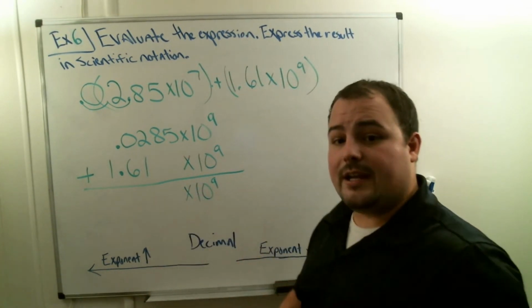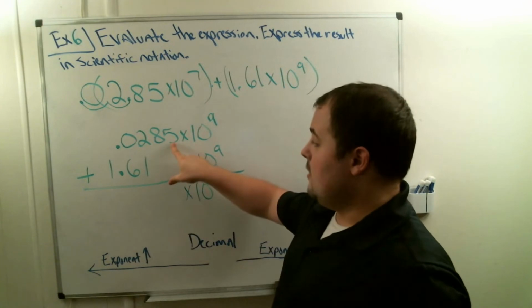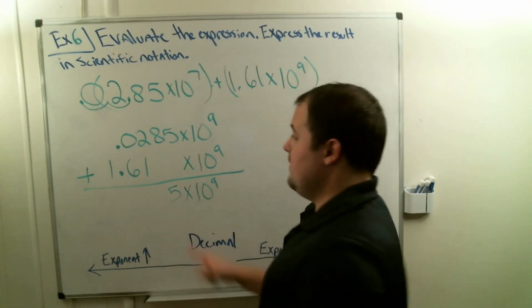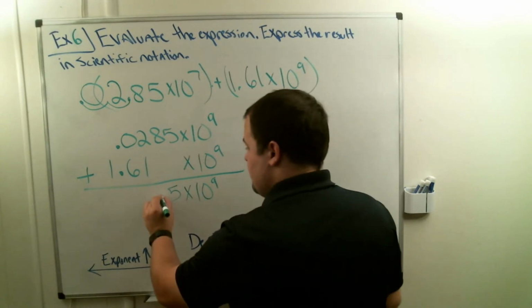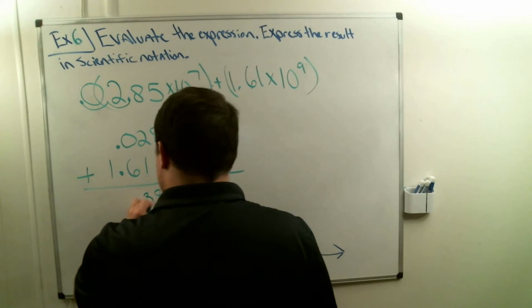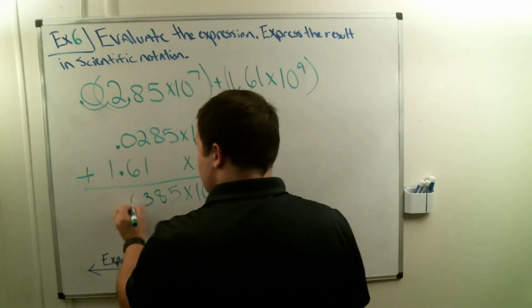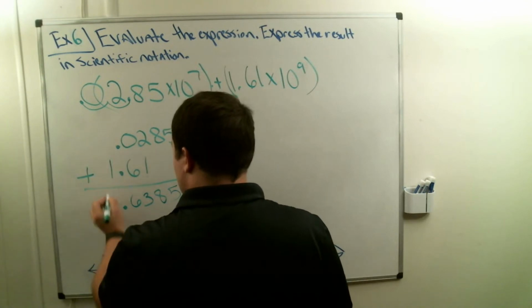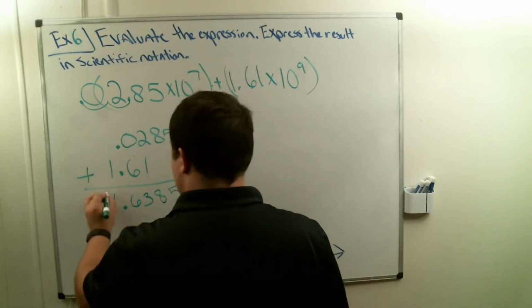That does not change. The end never changes. Now, 5 plus nothing, that's 5. 8 plus nothing, that's 8. 2 plus 1, that's 3. And 0 plus 6, that's 6. Drop my decimal down. 0 or nothing plus 1, that's 1.